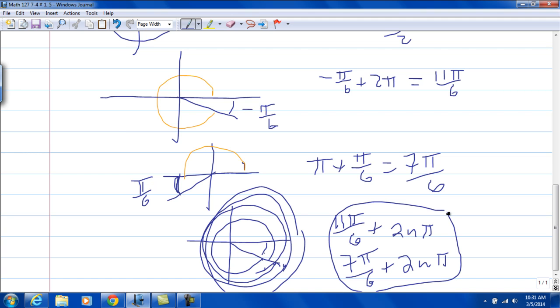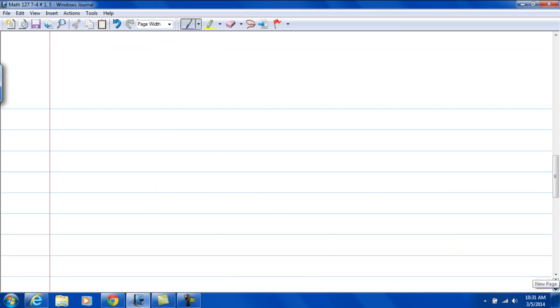Okay, the next one, number 5, was asked. For number 5, we have 2 cosine of x minus the square root of 3 equals 0. Okay.